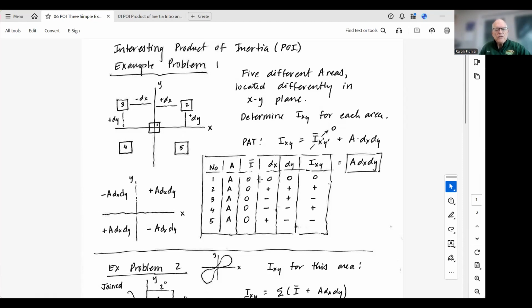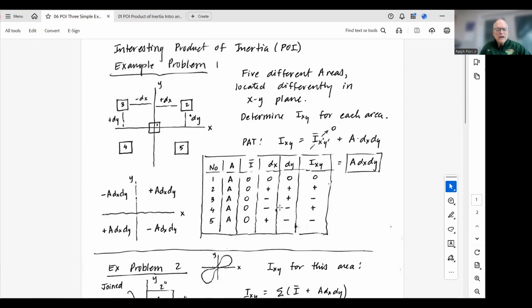So compiling those in the table, area 2 is positive dx, positive dy. Area 3, the dx is negative, the dy is positive. Area 4, the dy is negative, and the dx is negative. And area 5, the dx is positive, and the dy is negative.